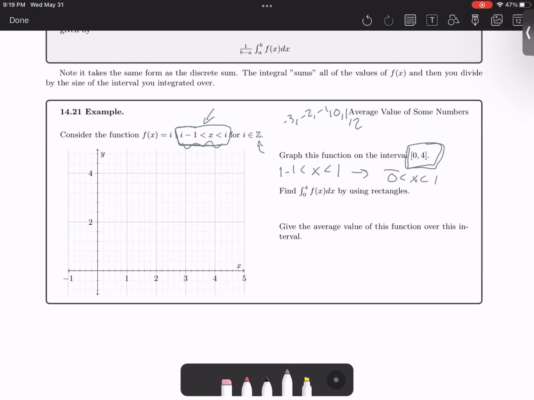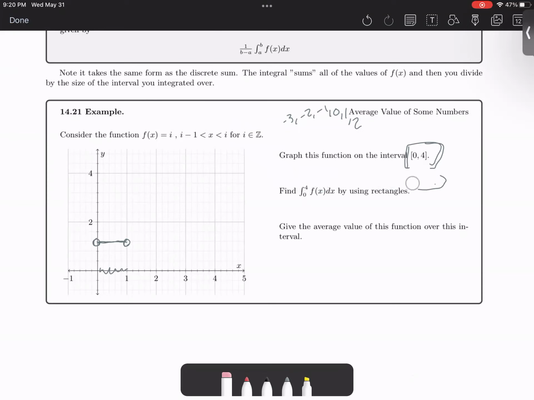So over the interval 0 to 1, I'm supposed to return my i value, and i here was 1. So over this interval 0 to 1, I'm just going to be a constant 1. But I've got open circles, right? Because look at your definition. They're all open.